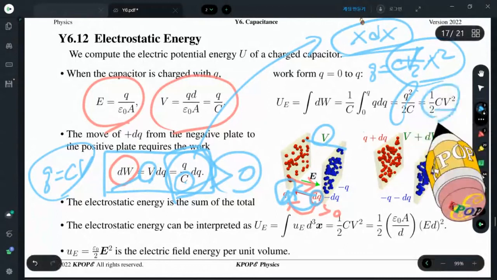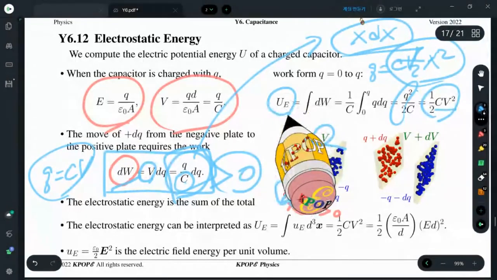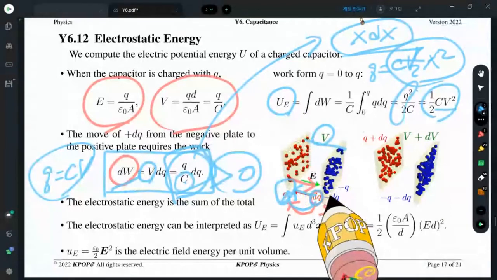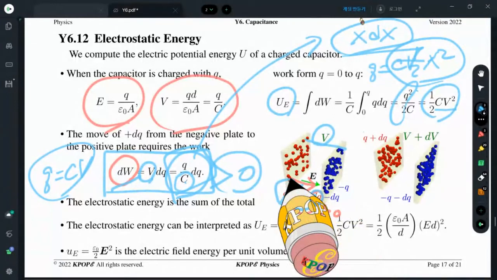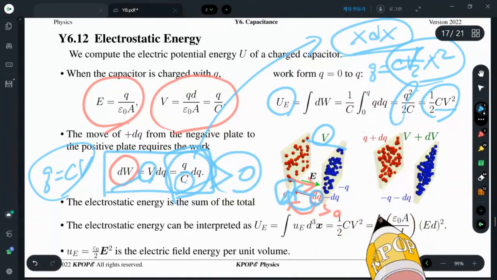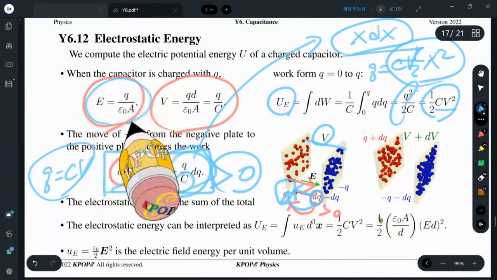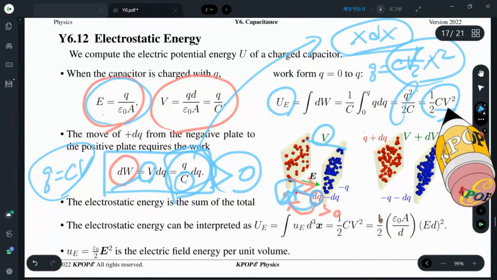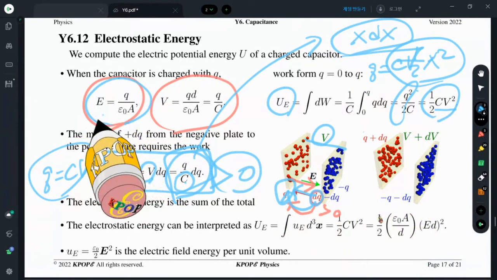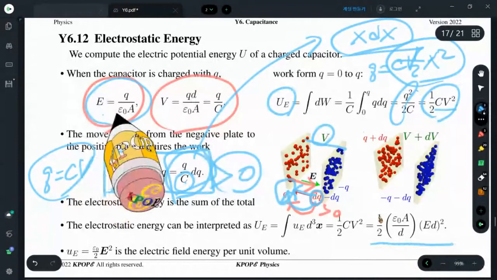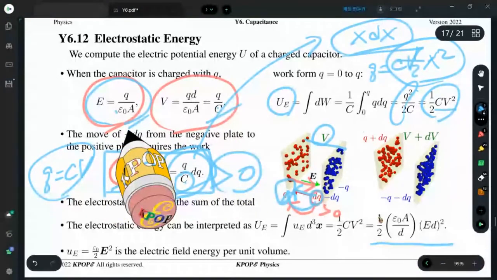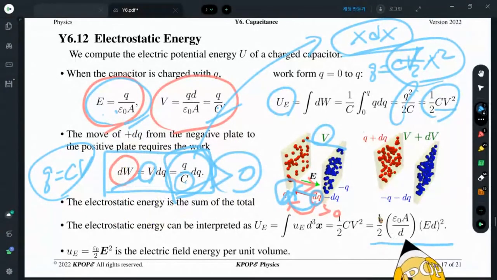This one we call the electrostatic potential energy. You need to work hard to make these two plates charged. Again, you know the electric field. If you express the potential in terms of the electric field, what you obtain is like that. I have made use of these two identities only, and you will find that this is the, what's that?